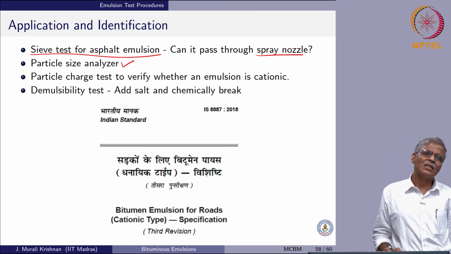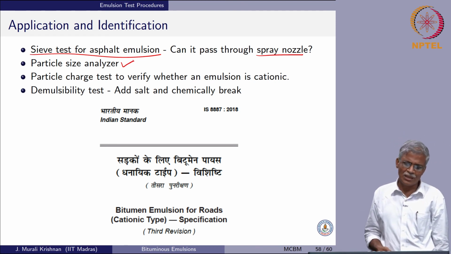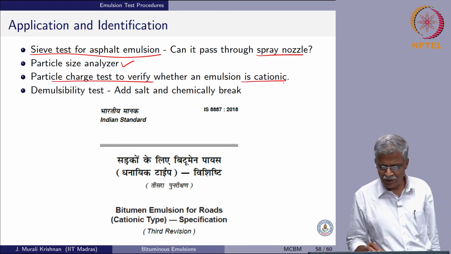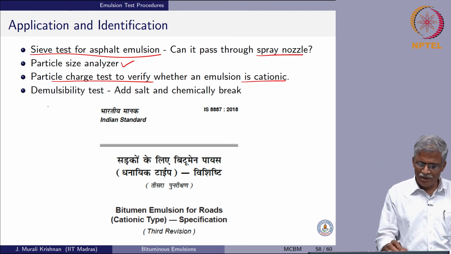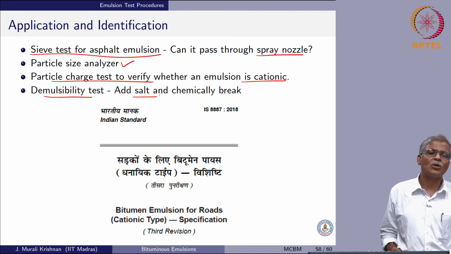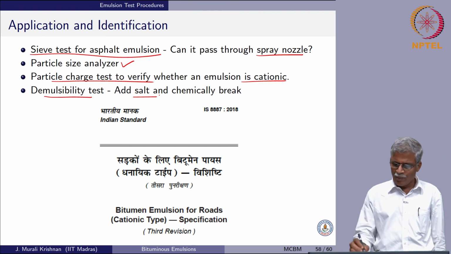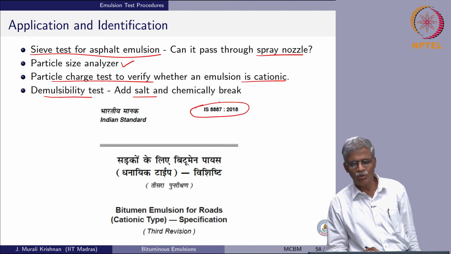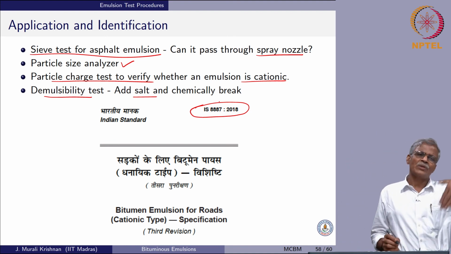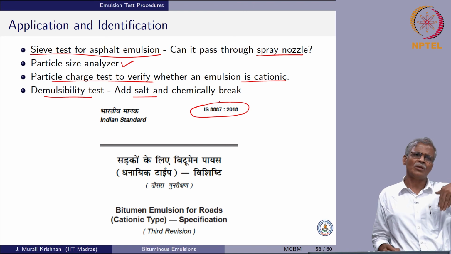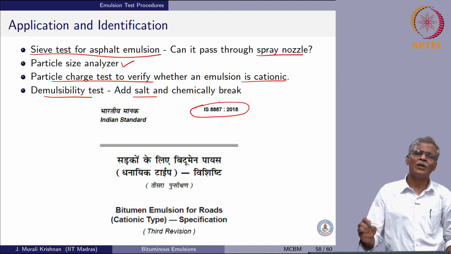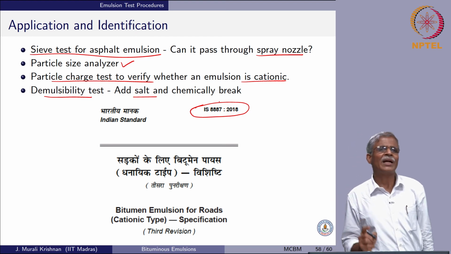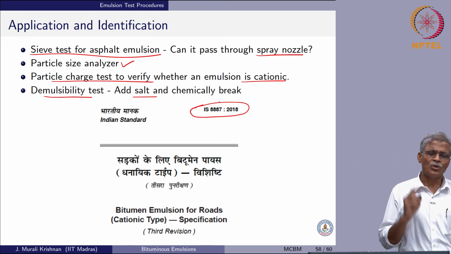You can go very fancy and try to do it with the particle size analyzer, and then check whether it is a cationic emulsion or an anionic emulsion, and the demulsifiability test, you try to add a salt and try to chemically break it. In fact, my suggestion is go check IS 8887 2018. There are a series of specifications that are written, and the test methods are also beautifully written. Okay. Kindly go through it. Again, if you are having trouble in getting the standard for academic purposes, I can share it with you if you send me an email.